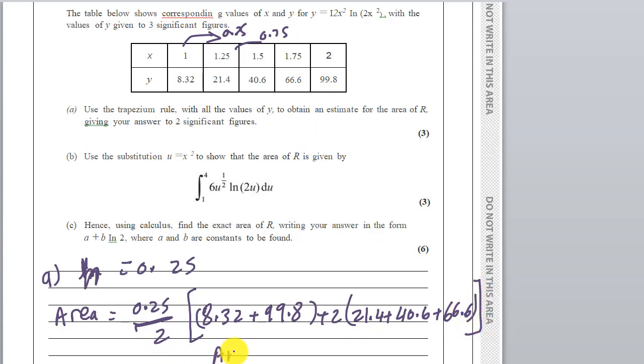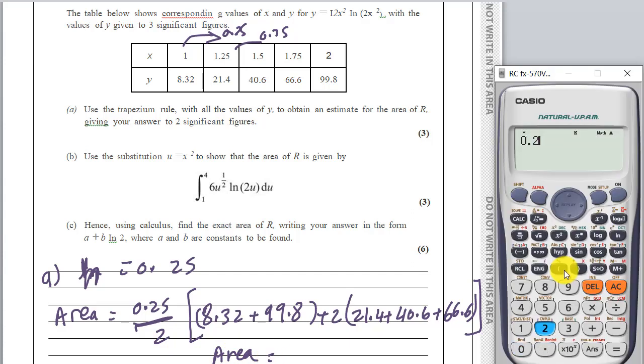So the area: 0.25 divided by 2 multiplied by, open the bracket, 8.32 plus 99.8 plus 2 multiplied by, open the second one, 21.4 plus 40.6 plus 66.6, close, enter.